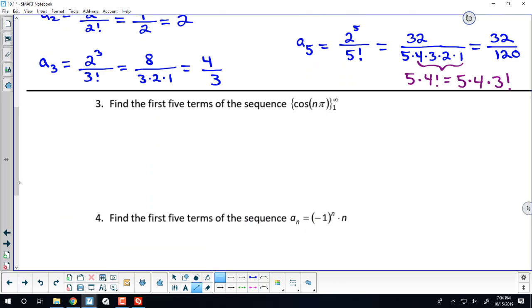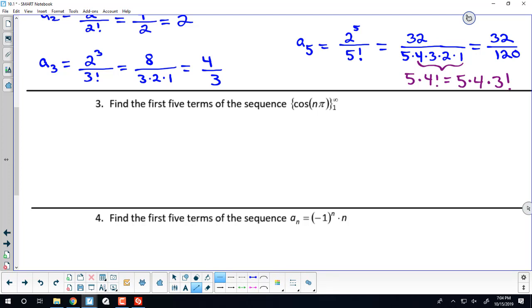And the next one, the first 5 terms of the sequence, cosine of n pi. I should have left some more space. What would our first term, a sub 1, be? Yeah, it's the cosine of 1 times pi, or the cosine of pi. Cosine of pi gives us -1.